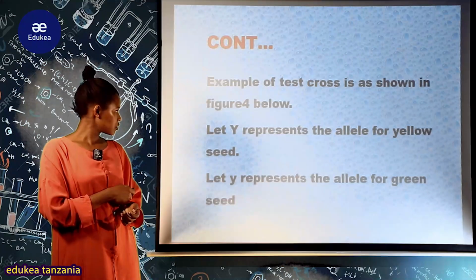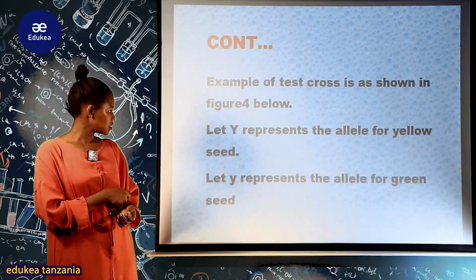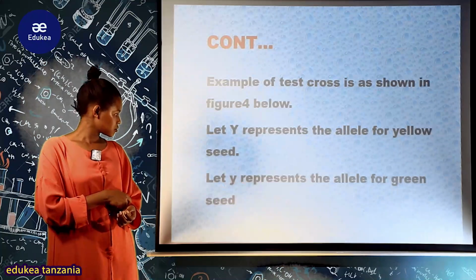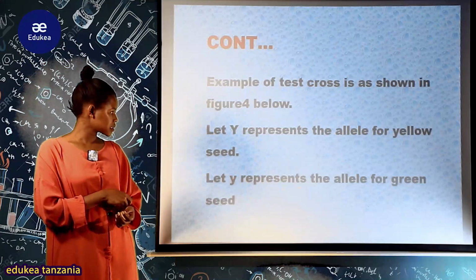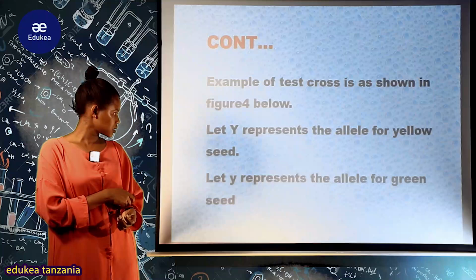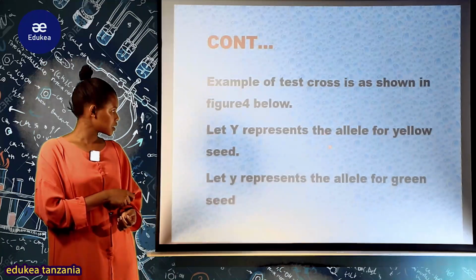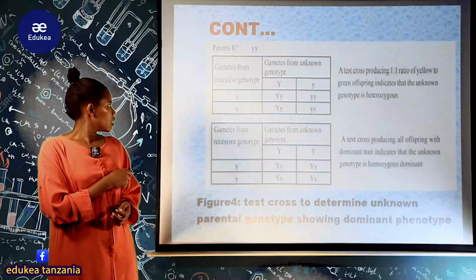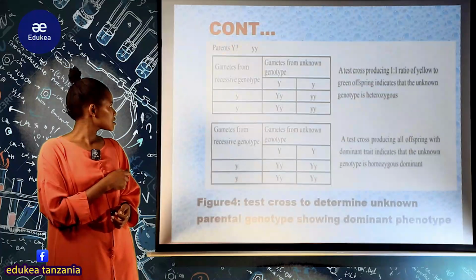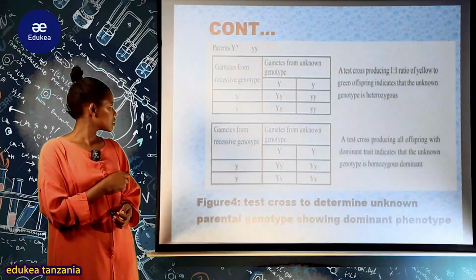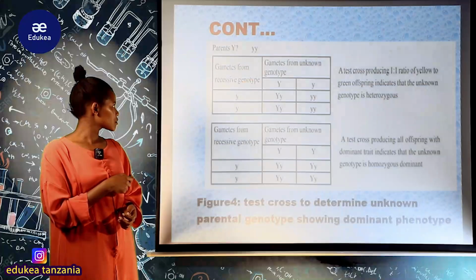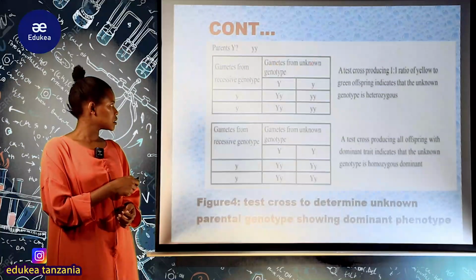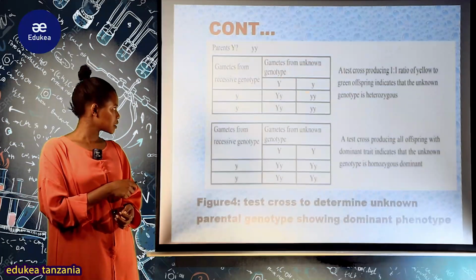Below and before we can let Y represent the allele for yellow seed and small y represents the allele for green seed. Here we are going to deal with yellow seed and the green seed. First, our parent is this one, Yy, in which gametes from recessive genotype are this one and gametes from unknown genotype are this one.